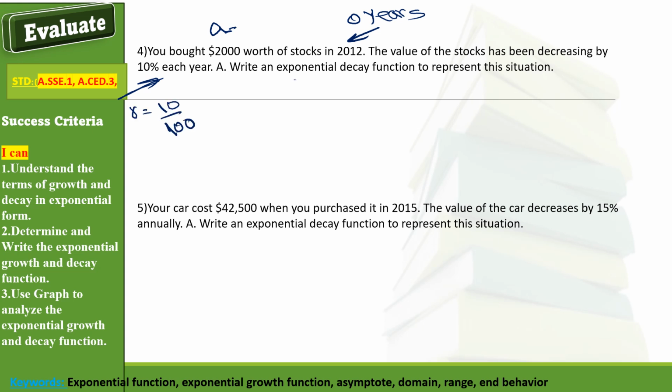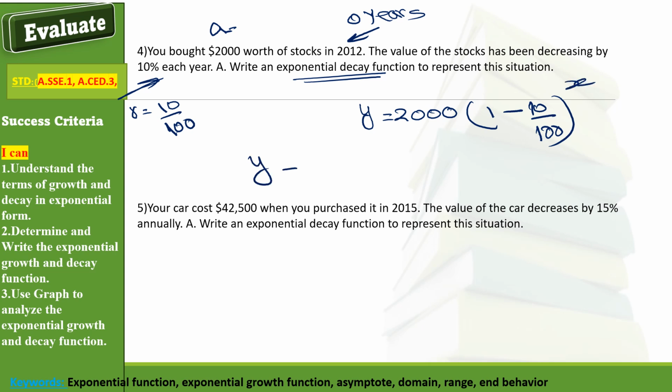Write an exponential decay function. So we will write a, that is 2000, times 1 minus, because we have to write the decay function, 10 over 100 because it's 10%, whole to the power of x. And 1 minus 10 over 100 gives me 0.90.